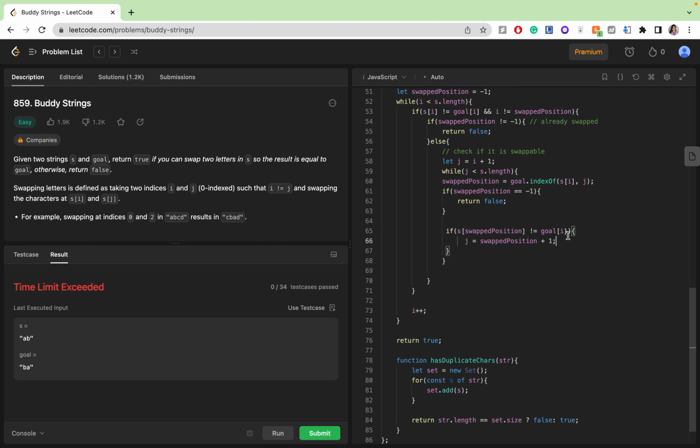If swap position is not equal to goal I, what I am trying to do here is I'm just trying to check if S is equal to goal or not. What's the time?